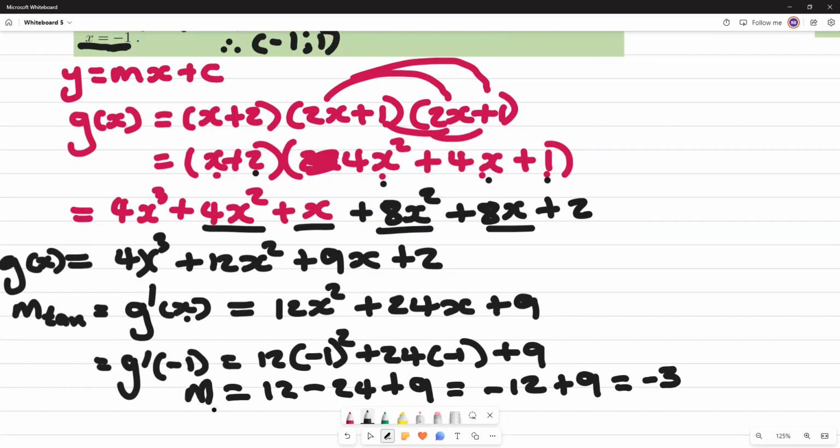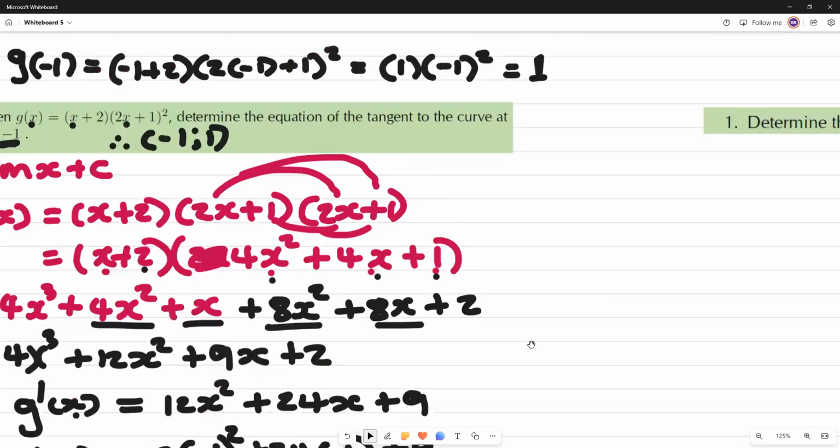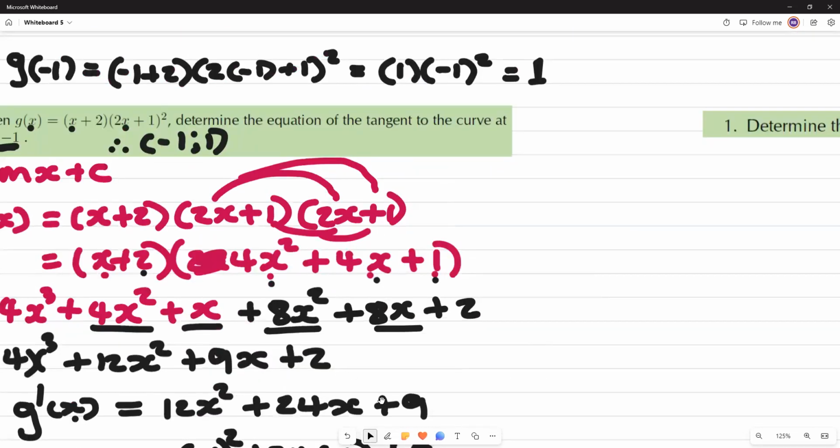Remember, this is your m of the tangent. But we know that the tangent is at the point where the x value is -1, so we replace all the x values with -1. So the gradient of the tangent is sorted. Once we get that, we're done with this. So now we know that we have y equals -3x plus c.